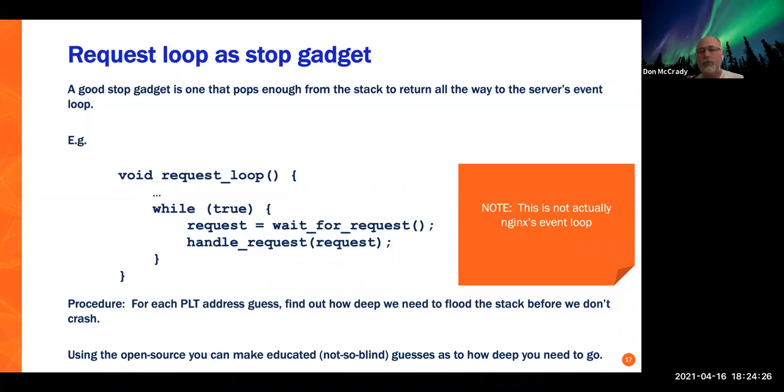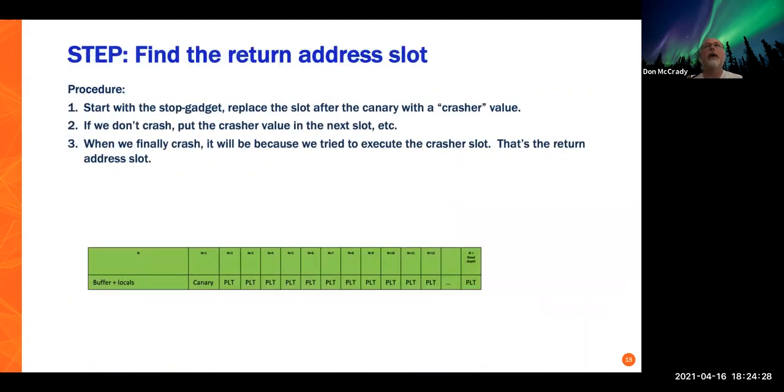So what we want to do is engineer a ROP chain that has a PLT slide, and assuming it's the correct address of the PLT, we will slide all the way down to the depth. And when we slide off the end of our PLT slide, we land in the request loop and don't crash.